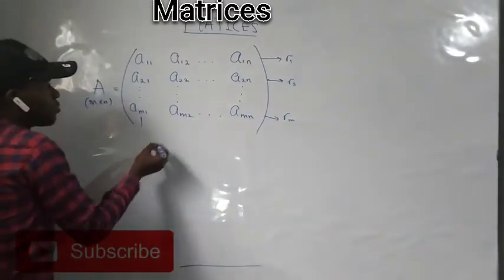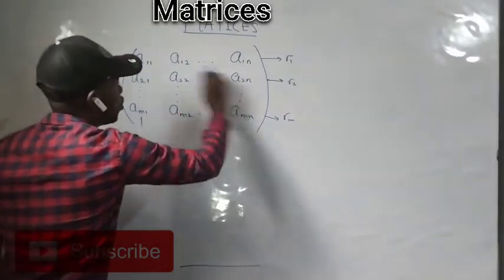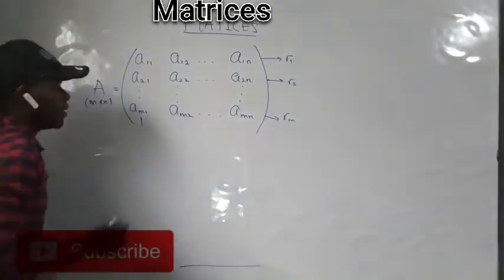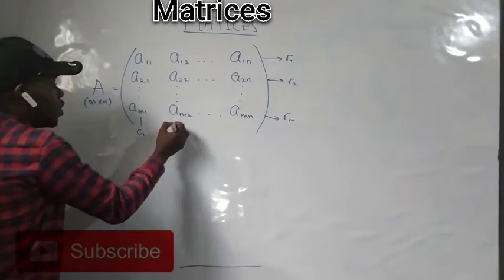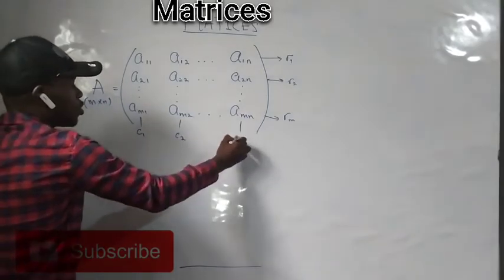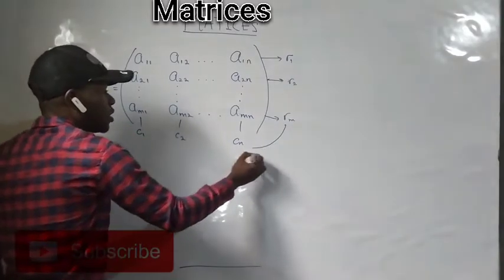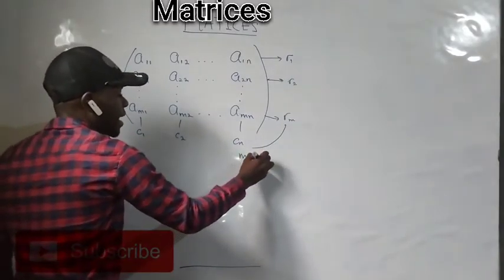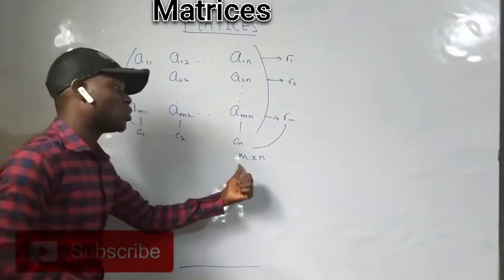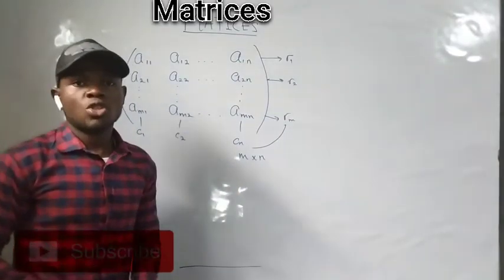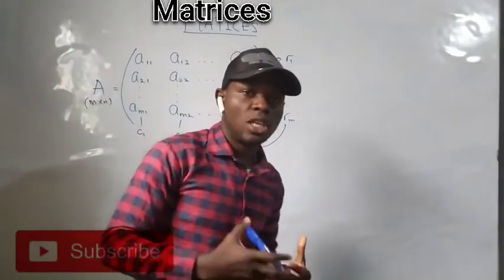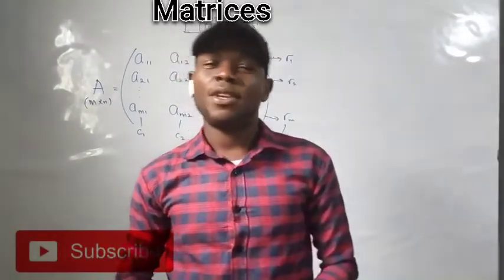So I have row 1, row 2, row m. Then you have column 1, column 2, and column n. So we name this an m by n matrix. It has m rows and n columns. So such a matrix is called an m by n matrix.